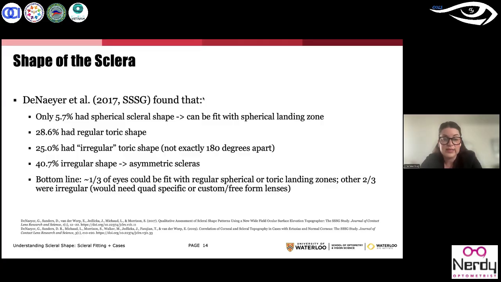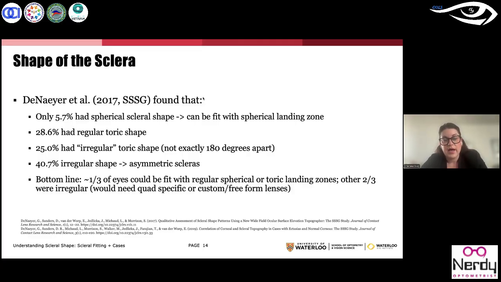About 28.6% had a regular toric shape. 25% had what they called an irregular toric shape, so some semblance of toricity, but not exactly 180 degrees apart. And the largest group, at 40.7%, had an irregular asymmetric sclera.